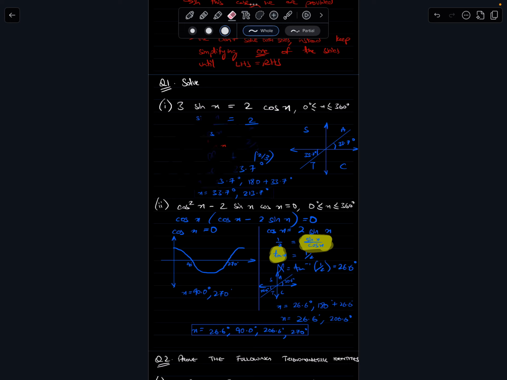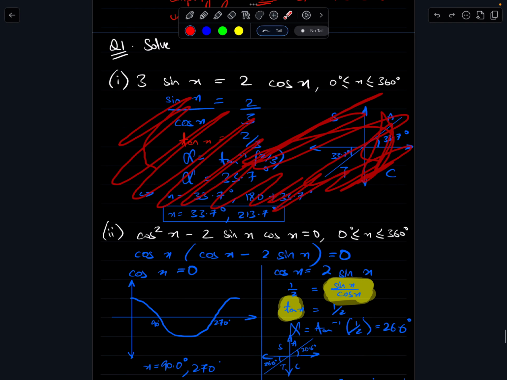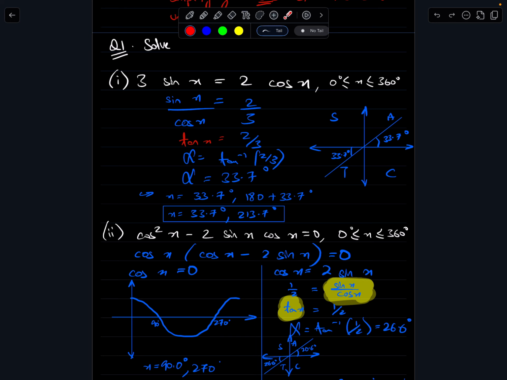Now I'll just clear this off. Or rather, I'll just explain this, since these first two cases are simple. So this is what we have in here. This is an equation.